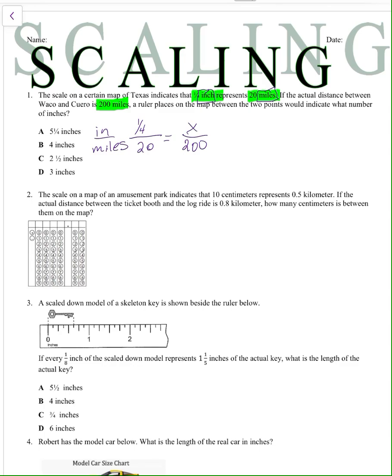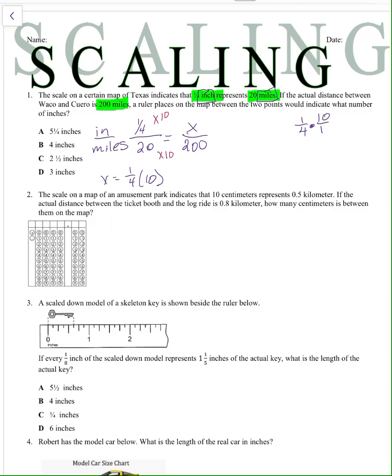Now we can cross multiply or use scale factor. I'm going to use the scale factor because I know that 20 times 10 is going to give me 200. And whatever I multiply the denominator by, I have to multiply the numerator by. So x is going to equal 1/4 times 10. I'll go to the side: 1/4 times 10 over 1.